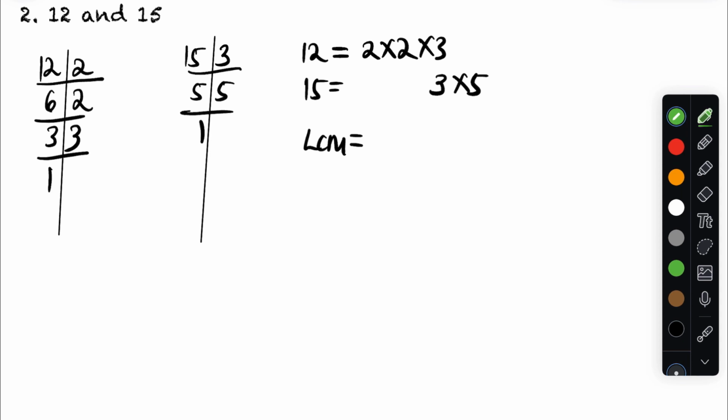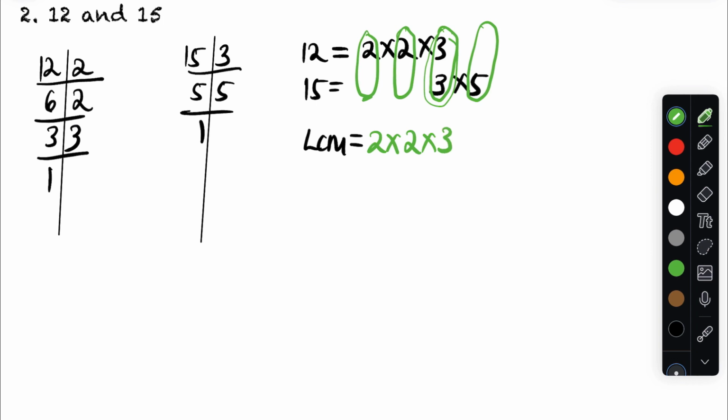So what you do here for an LCM, this is what you do. You have 2 there and nothing at the bottom, 2 there and nothing at the bottom. You have 3, and you have 3 at the top and 5 at the bottom. So it's 2 times 2 in that bubble, and in this bubble we have 3. What is common? It's 3 there, and then you times by 5.